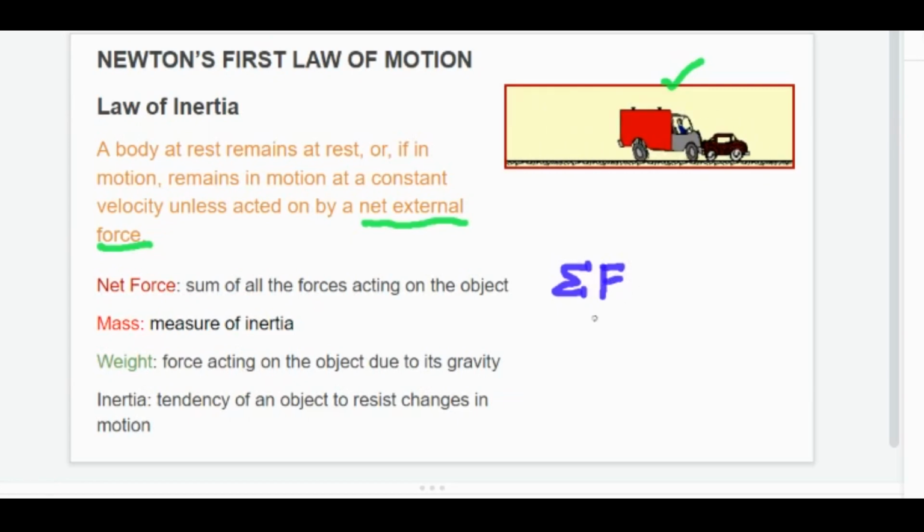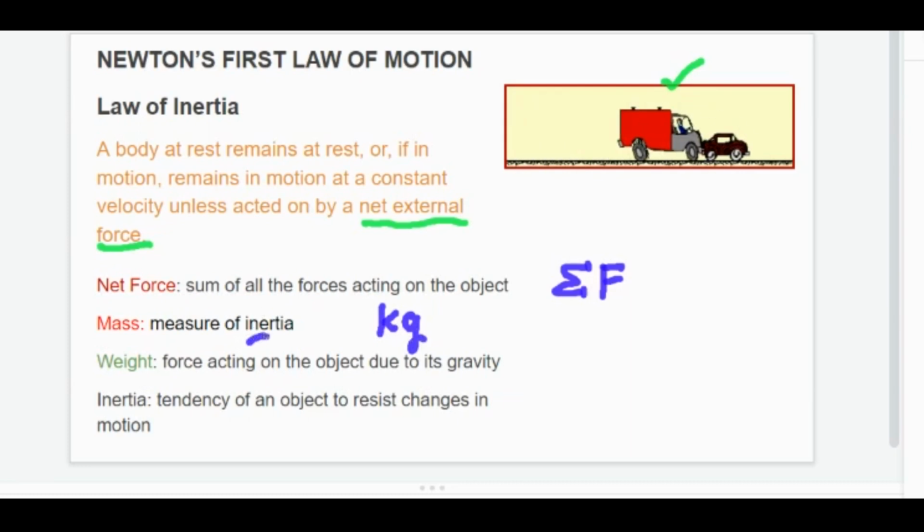Okay. Mass is a measure of inertia. You probably learned that in chemistry, and your definition probably is the amount of matter that is present on an object. And it is measured in kilograms. The SI unit for mass, by the way, is kilograms, kg.